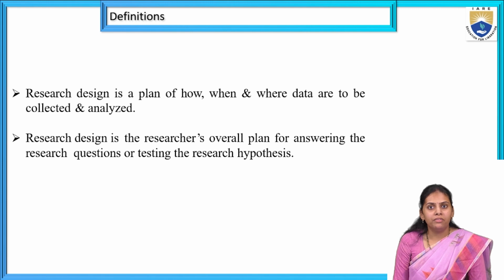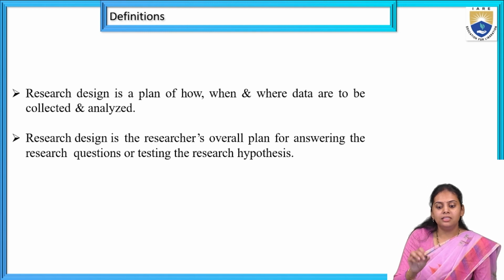Here are a few definitions given by great researchers. One is that a research design is a plan of how, when, and where data are to be collected and analyzed. The research design is the researcher's overall plan for answering the research questions or testing the research hypothesis.